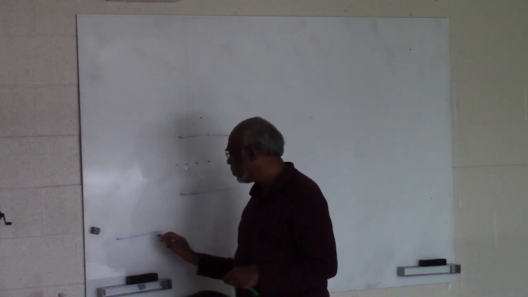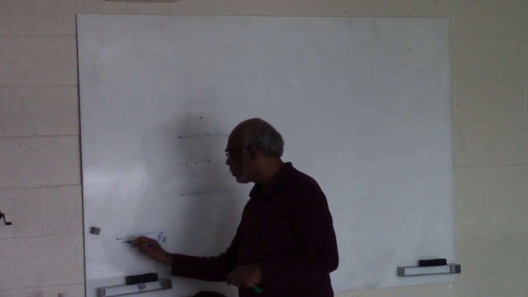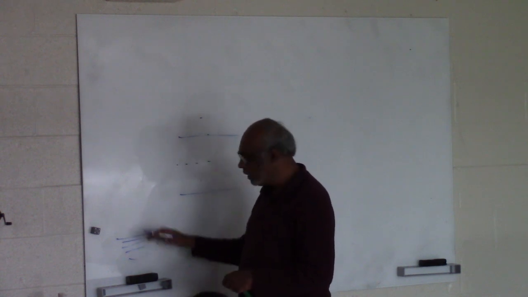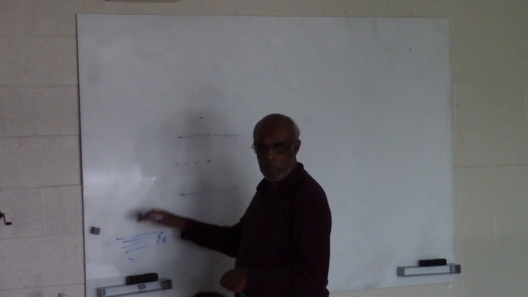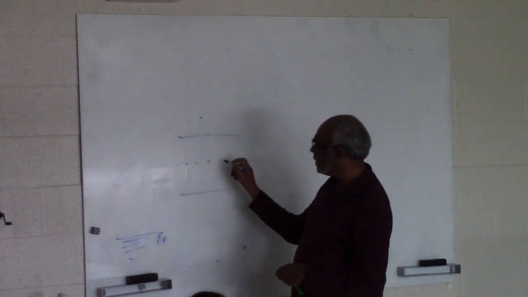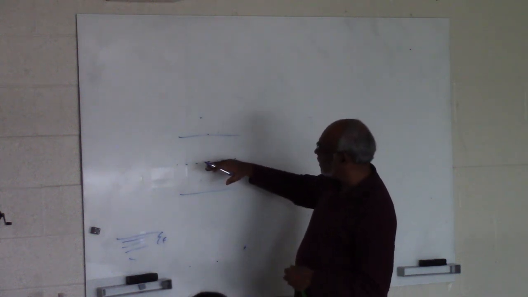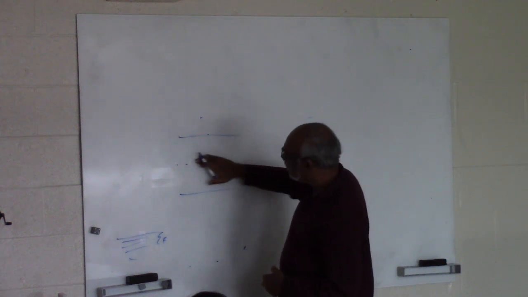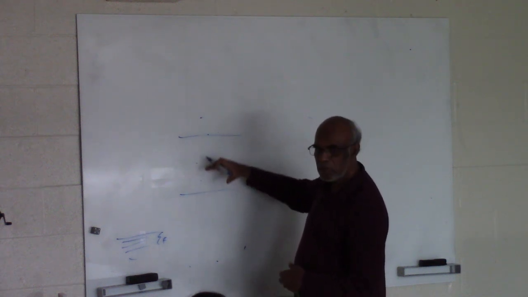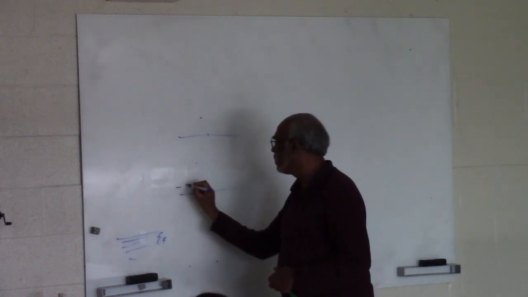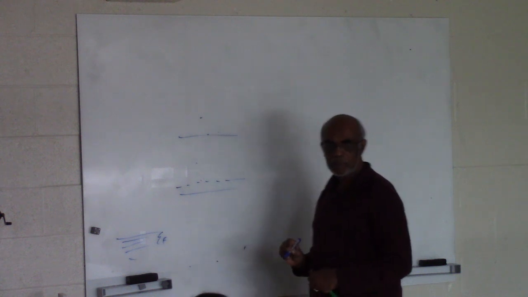Metals means you have energy states up to your Fermi energy. Everything below is filled, everything above is empty, unoccupied, right? But in semiconductors, if it is intrinsic, your Fermi energy is right at the center. If it is p-type, you make your Fermi energy move towards the valence band, right? That means your Fermi energy is somewhere here.